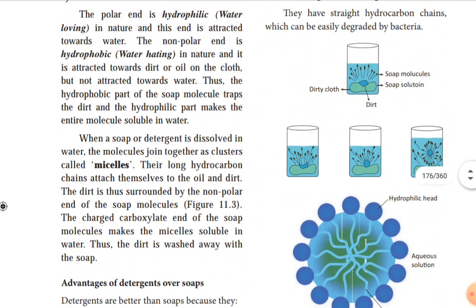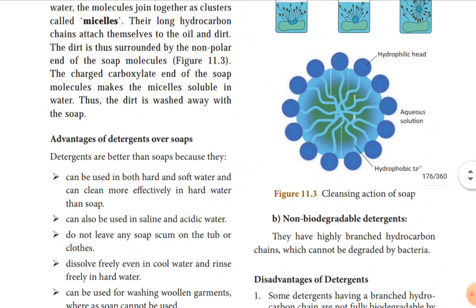It is given in the diagram. You can see in figure 11.3 the hydrophilic part, that is the polar end, the short head with the carboxylate group, COONa. Then the second part is the non-polar end, that is a long tail made of a hydrocarbon chain.